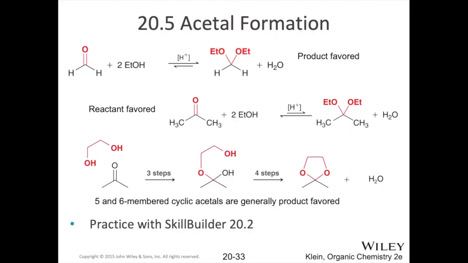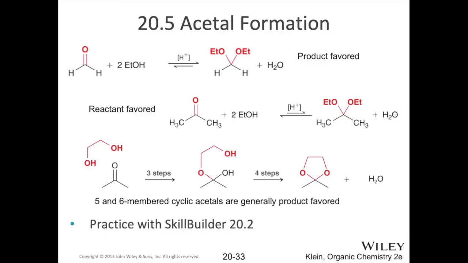So from a synthetic standpoint, being able to add on a cyclic acetal and then remove it is going to be very useful when it comes to protecting groups. So it's very similar to what we saw in the previous chapter, where we added on a sulfonate group and then took it back off when we wanted to block off a particular site on our benzene ring.